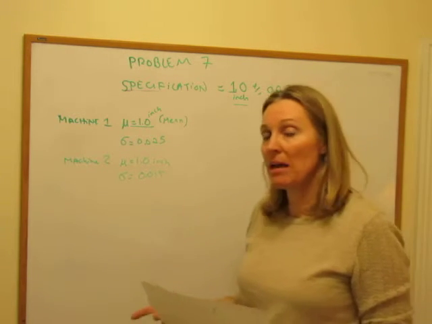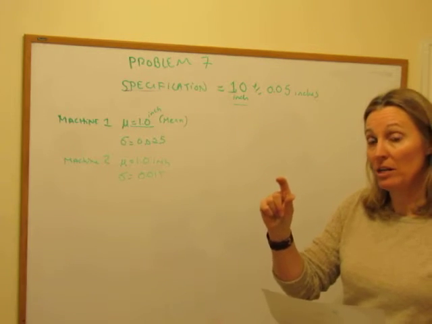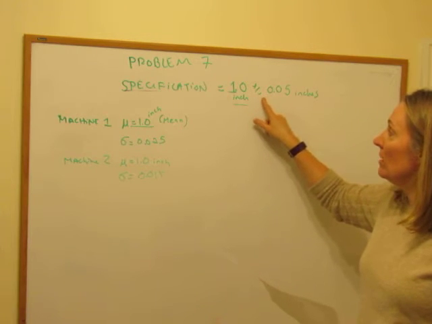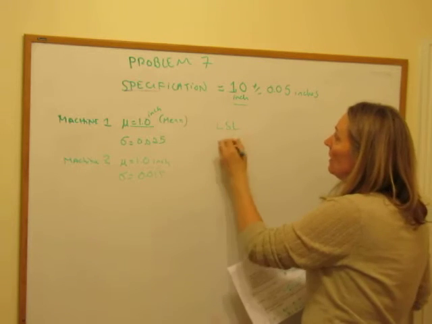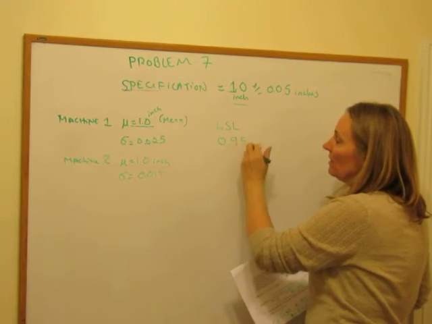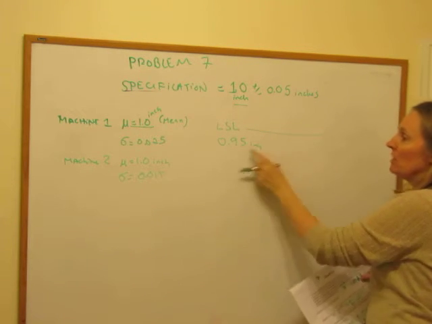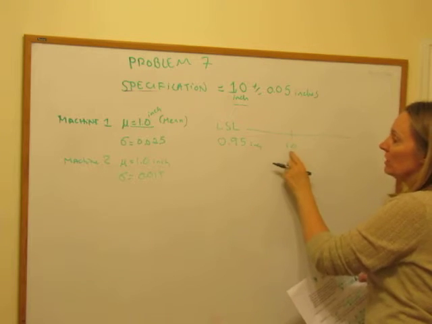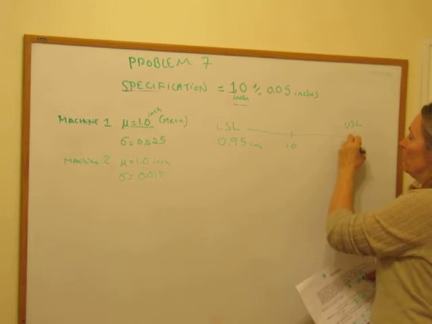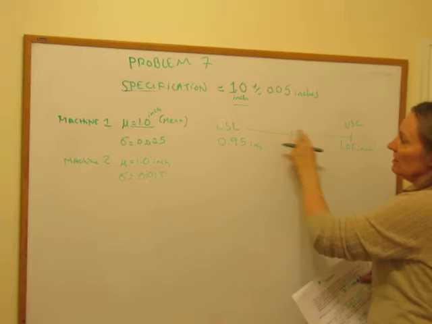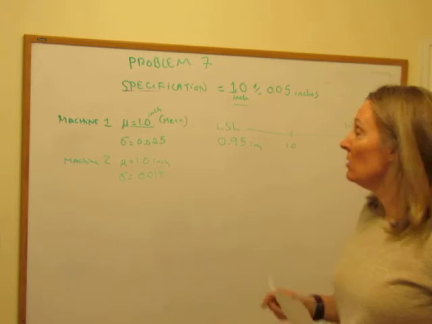Let's assume that this is a metal part and the 1 inch is the length, so we need little pieces of metal that are 1 inch long, and it allows variation at the lower end, so the lower specification limit can be 0.95 inches because that's 1 minus 0.05, and anything in between that, certainly the 1.0, that's the target, is fine, all the way up to the upper specification limit of 1.05 inches. This is the distance that we can have a product length and have it be good. So that's what this means.